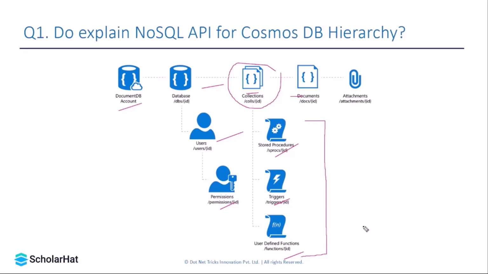We'll definitely discuss in detail how to create a stored procedure, a trigger, and a UDF in Cosmos DB. But from this slide's perspective, you have to see that inside a collection, stored procedures, triggers, and UDFs are created. Then in the document section, we can have certain attachments as well, as required. So this is the whole hierarchy of the NoSQL API for Cosmos DB.